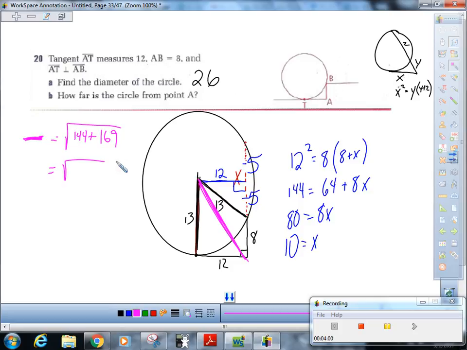So it is the square root of, help, so that's 313. Okay, so the answer to B is the square root of 313 minus 13. That is this distance right here. Boom!